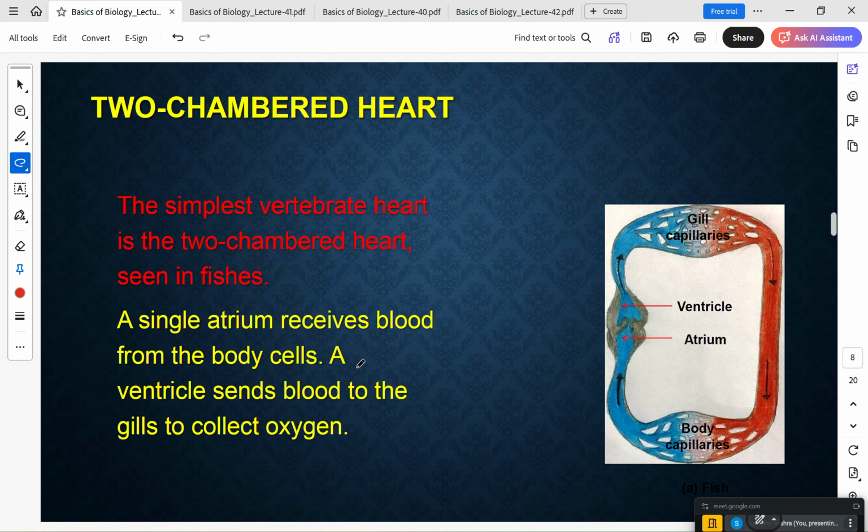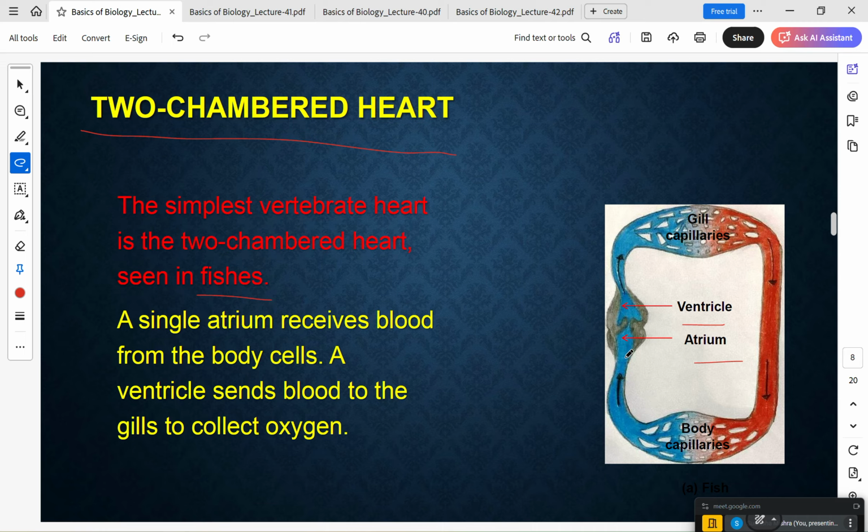Even within the closed system there are different kinds of heart. The simplest one is a two-chambered heart, which is seen in fishes, wherein there is just one ventricle and one atrium. The atrium receives blood from the body.